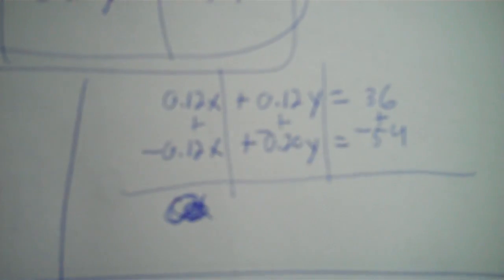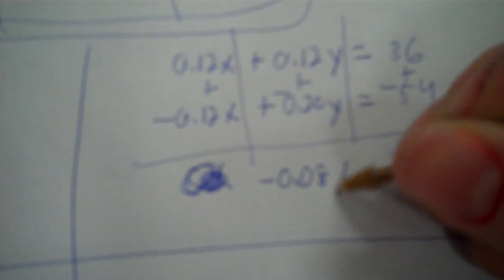Okay? So you add those, and that adds to your 0x, so the x's are eliminated for now. Then 0.12 plus negative 0.20 is negative 0.08. You write the full thing, okay? Whatever you get, you need to write. Don't try to abbreviate the numbers. Negative 18. Now, guys and gals, when we divide, it needs to be by negative 0.08, okay?